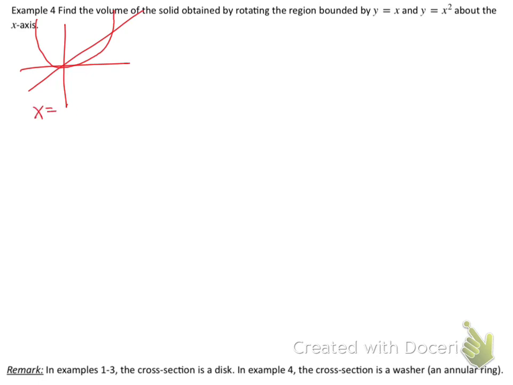They meet at x equals x squared, or x squared minus x equals 0, x times (x minus 1) equals 0, so x equals 0, x equals 1. This point will be (1, 1). So this is the region we are rotating about the x-axis, which is here.